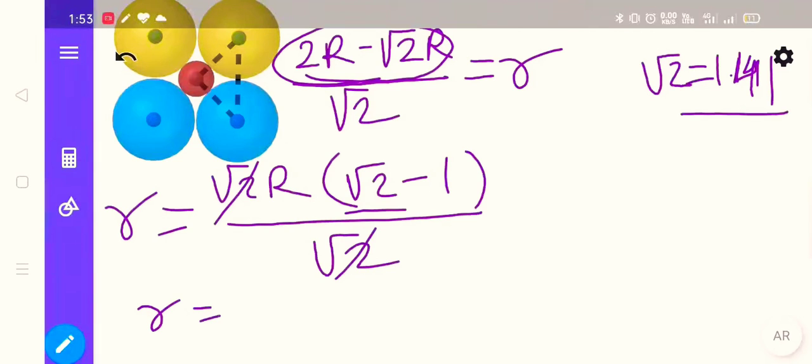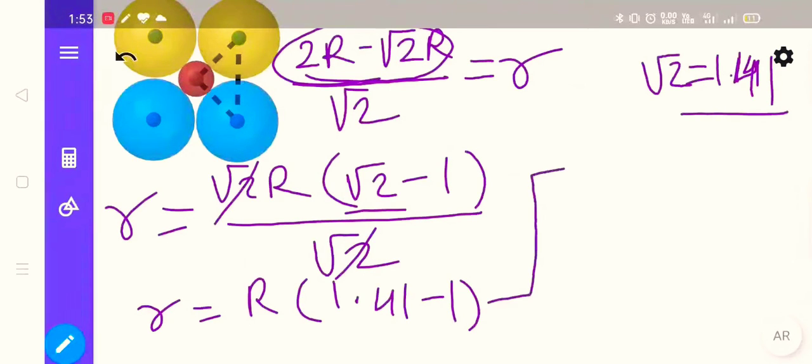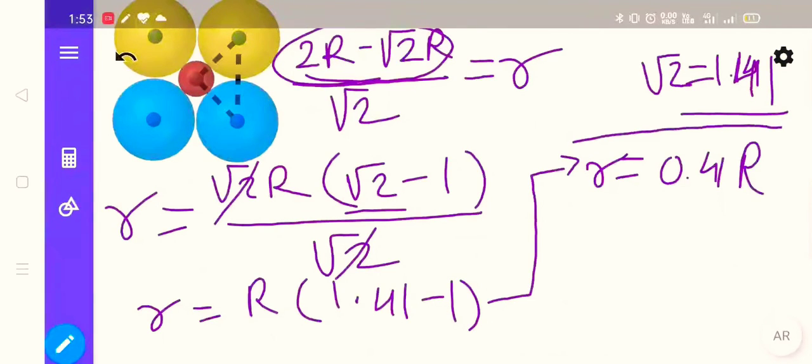Small r is equal to capital R into bracket (1.41 minus 1). So that means small r is equal to 0.41 capital R. So this is the relationship between small r and capital R, that means the radius of the octahedral void and the radius of the particles.